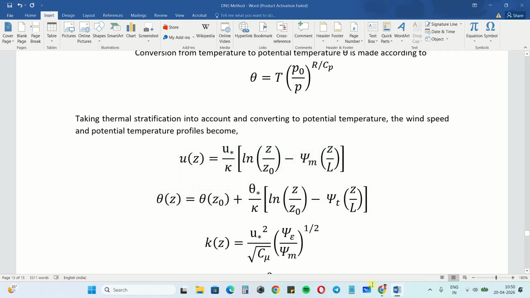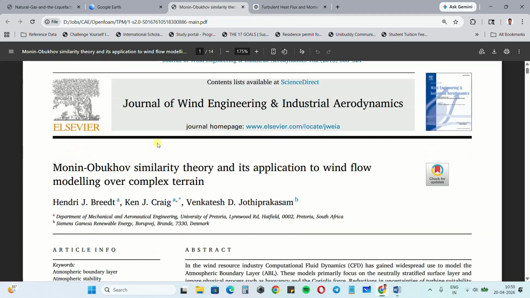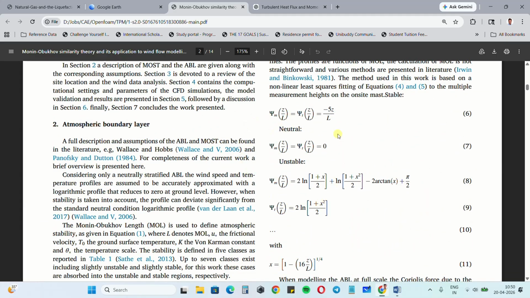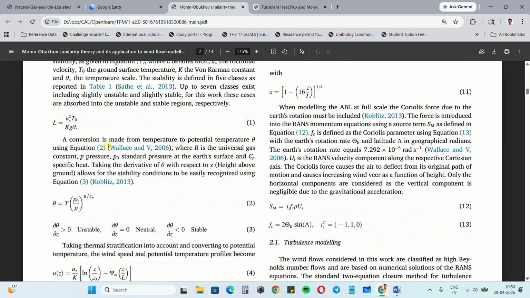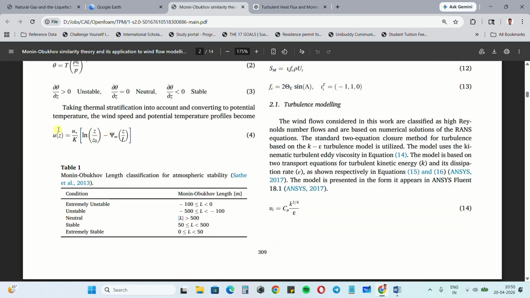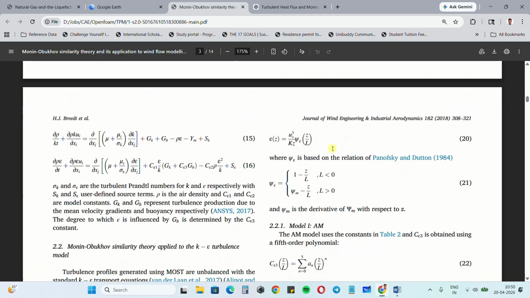And you can read about this in detail in this article where it details the modifications and also the universal functions that I mentioned to find the coefficients. Okay, here you have the length, and here you have the modified wall functions. So there are different classifications based on the magnitude of L, but in general, if it's negative it's unstable, and if it's positive it's stable. Okay, yeah, so that's how it works.